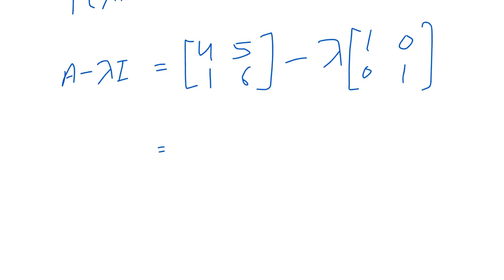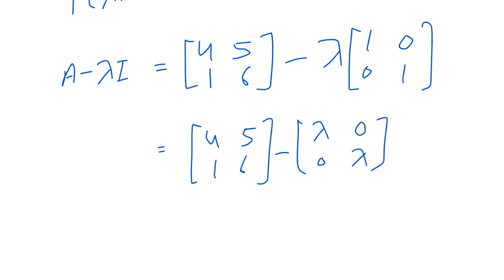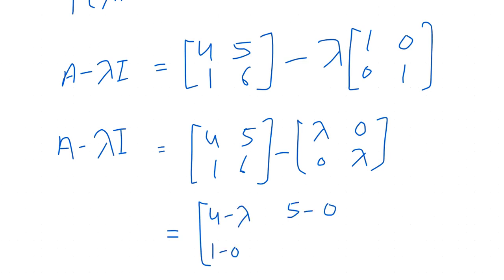Let us multiply lambda inside, so we will have lambda, 0, 0, lambda. Now we subtract corresponding elements: 4 minus lambda, 5 minus 0, 1 minus 0, and 6 minus lambda.